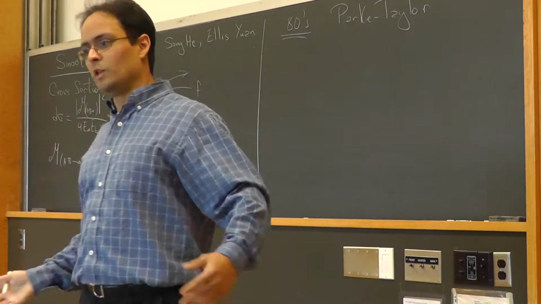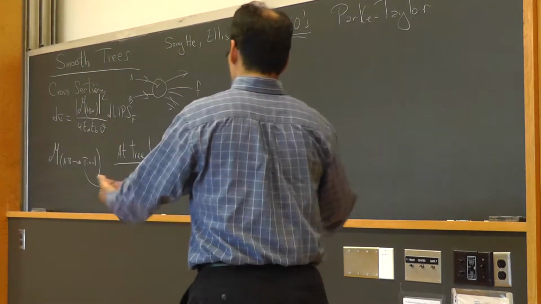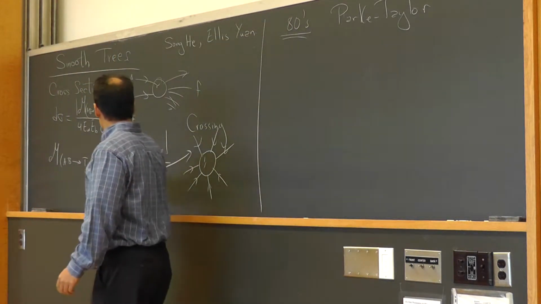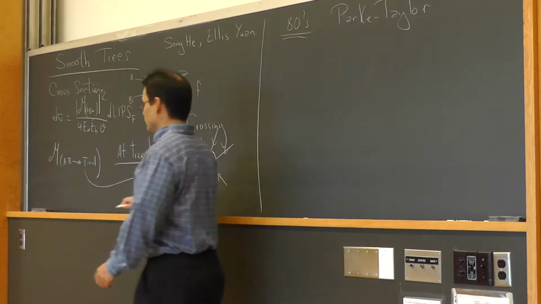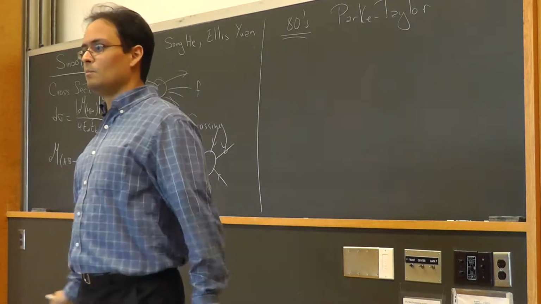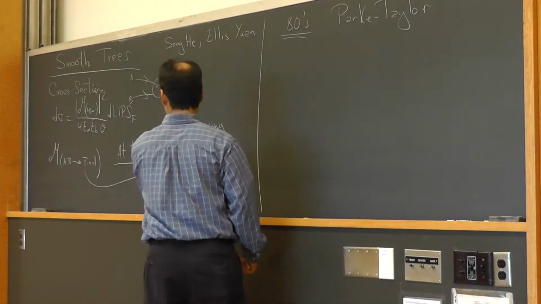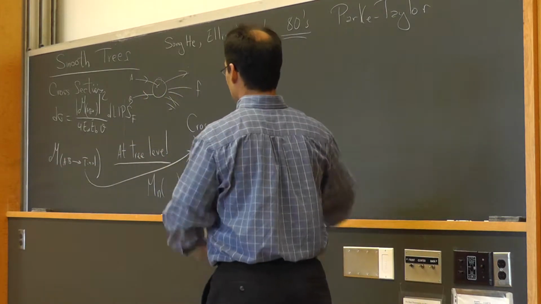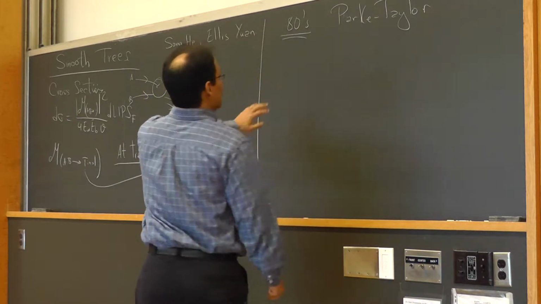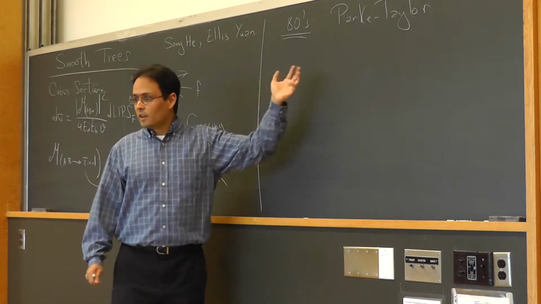So we forget about which particles are incoming and outgoing, and we just declare that everybody's incoming or everybody's outgoing. That's why we can talk about the scattering amplitude of n particles without distinguishing who is incoming and who is outgoing, because we can use the same rational function to describe all the other scattering amplitudes by analytic continuation. Okay? So Parke and Taylor in the 80s made a shocking discovery.